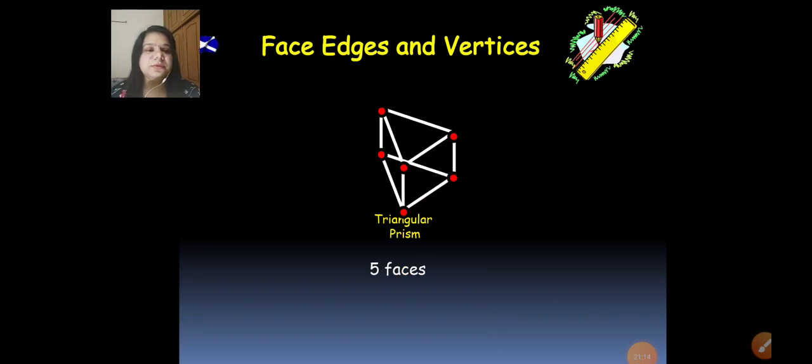So this is a triangular prism. It has 5 faces, 9 edges we have counted, and just count the dots, the corners where the edges are meeting each other. How many corners does it have? It has 6 corners, which are called 6 vertices, right? So a triangular prism has 5 faces, 9 edges and 6 vertices.